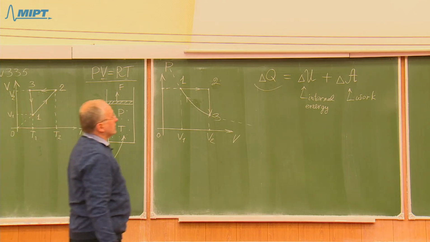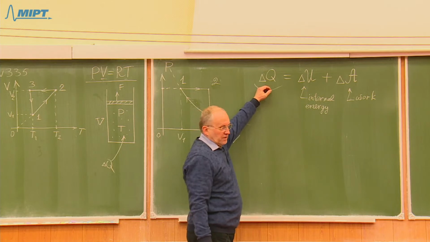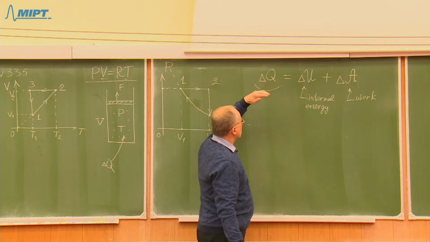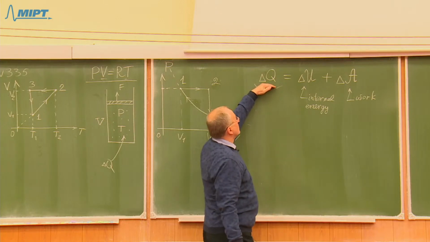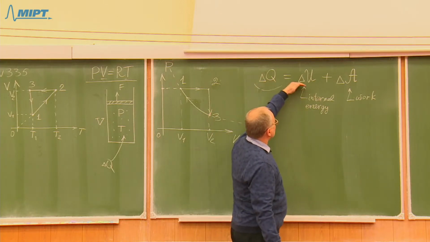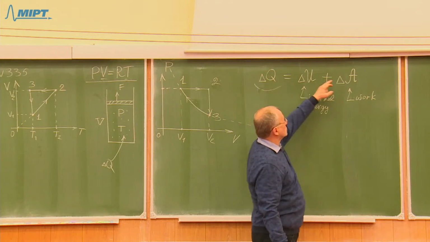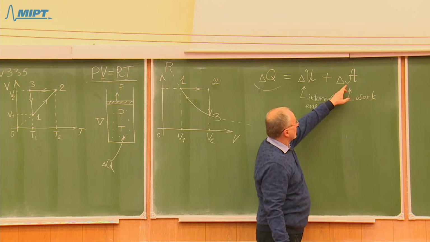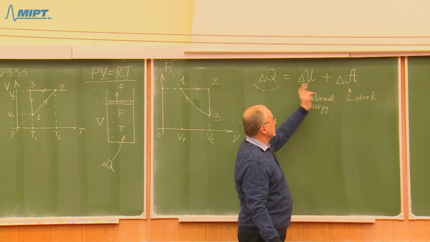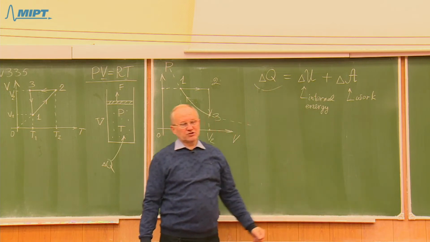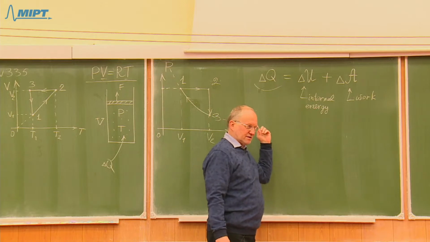What is written here is just the law of conservation of energy. The heat energy conveyed to the gas is transformed into internal energy, and a part of heat energy may go to work produced by the gas. So this is nothing more than the law of conservation of energy, or people say this is an equation of energy balance.